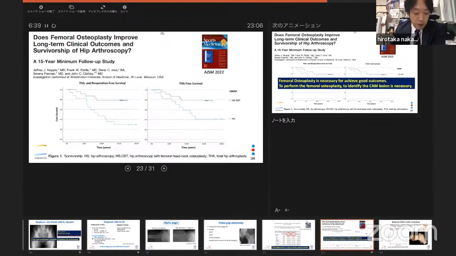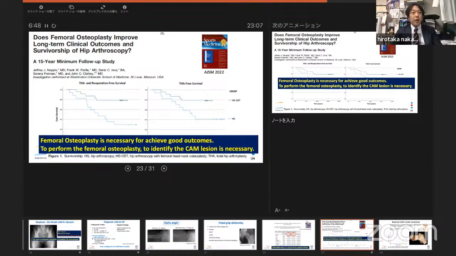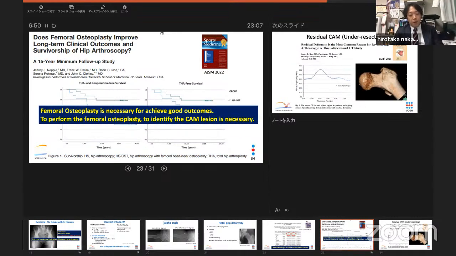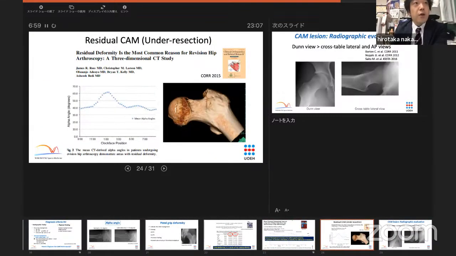A recent study reported femoral osteoplasty is necessary to achieve good outcomes. So to perform the femoral osteoplasty, identifying the CAM region is necessary. Moreover, residual CAM is the most common reason for revision hip arthroscopy. So identifying the CAM region is important.